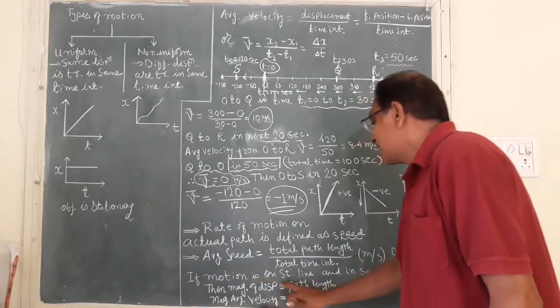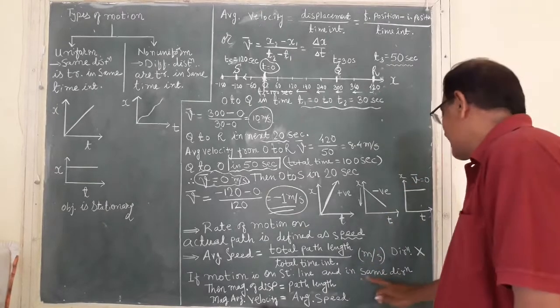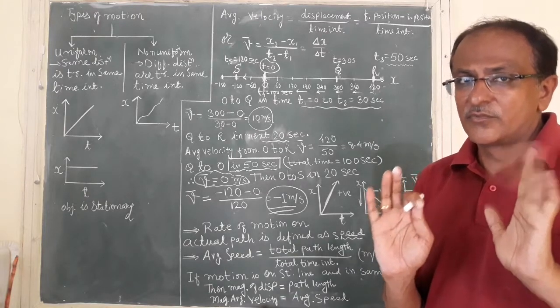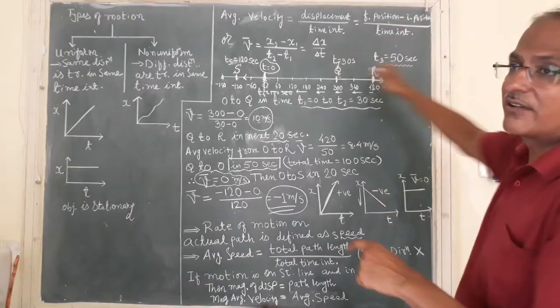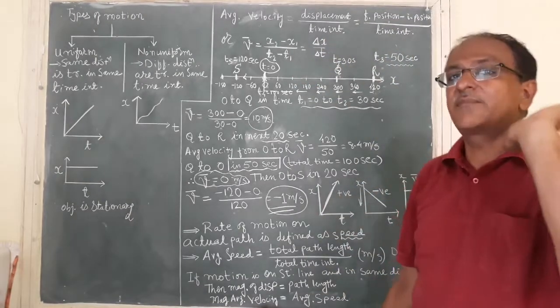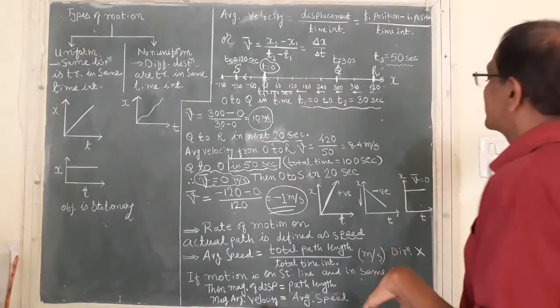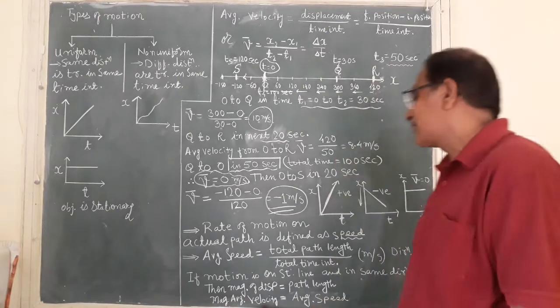If motion is on a straight line and in the same direction, going in one particular direction, there are conditions applied for this particular statement. If motion is on a straight line and it is in the same direction, then what will happen?